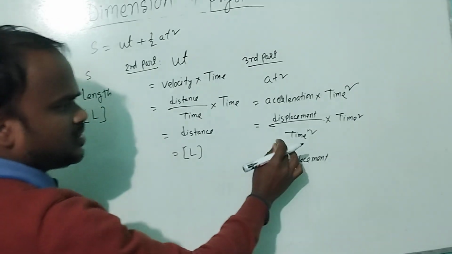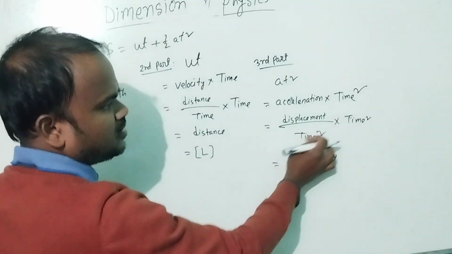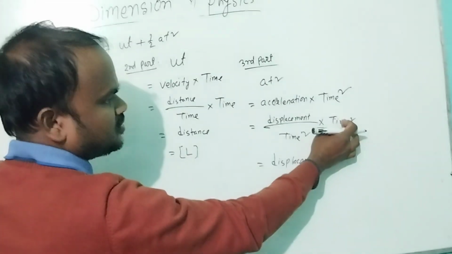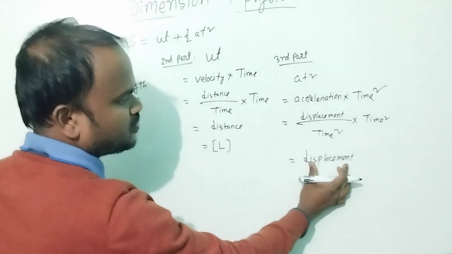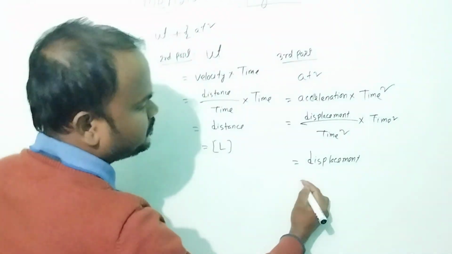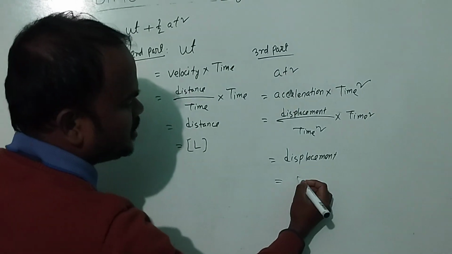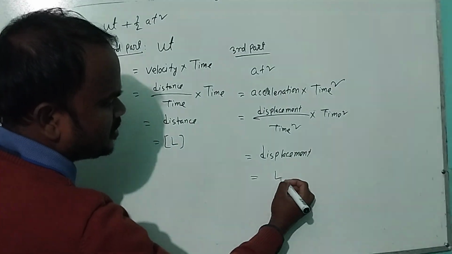So if we divide time square by time square, the time square cancels out. So finally we get displacement, the dimension of displacement L.